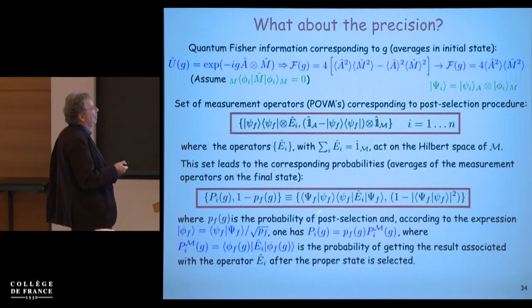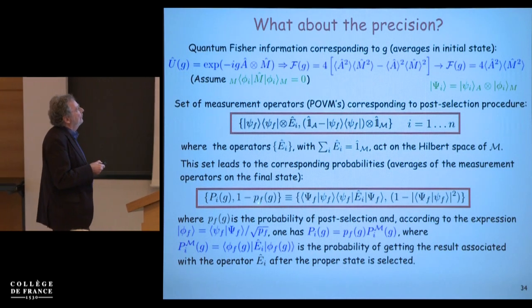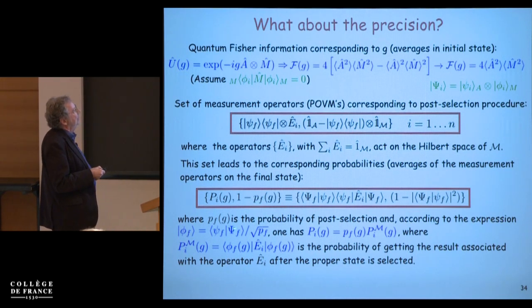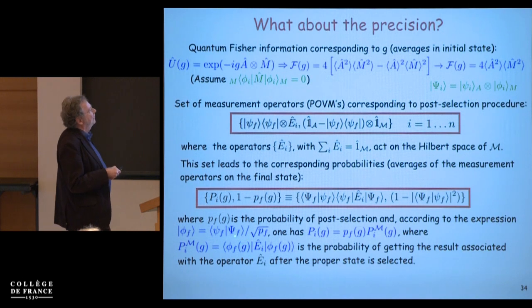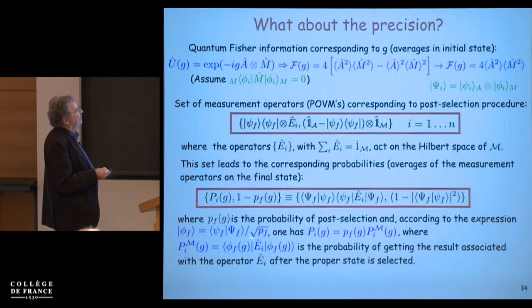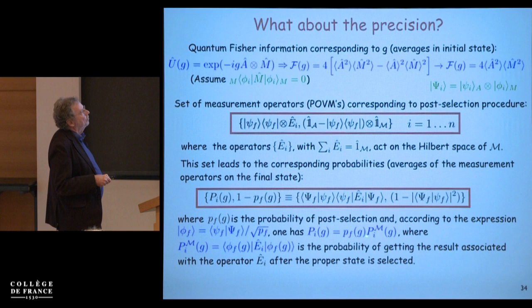Now, this post-selection probability, I showed you before in the last slide or so, that it satisfies this expression here. And it's easy to show by using that this probability pi here can be written as a product of 2 probabilities. One is the probability of post-selection, and the other is just this average here.